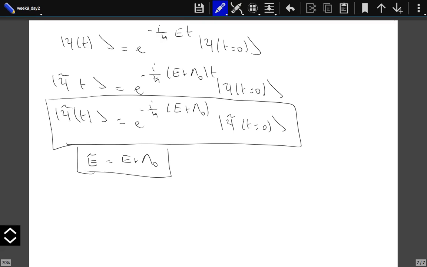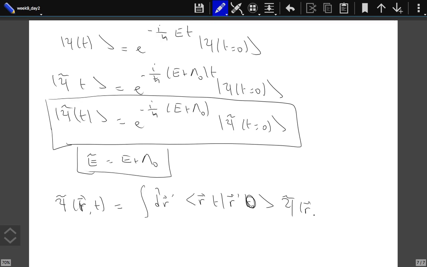Now we can also straight away see this relation from the wave functions and using the propagator. You see, we already know that psi tilde of r and t is nothing but the integral d cubed r prime of the propagator K of r t, r prime t0, or let's just take t0 to be 0, times psi tilde of r prime 0.